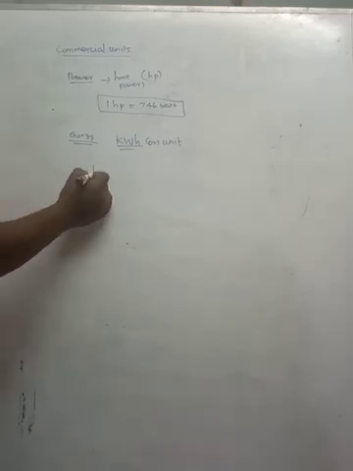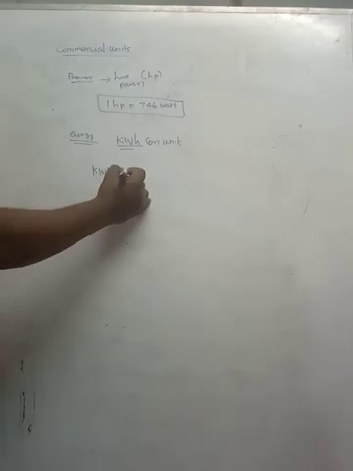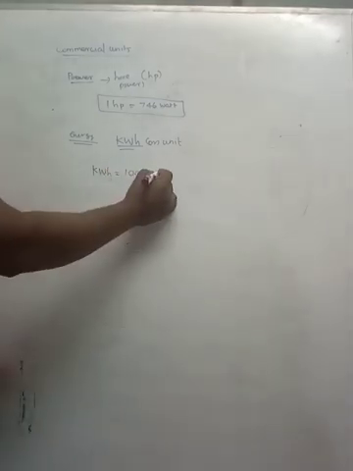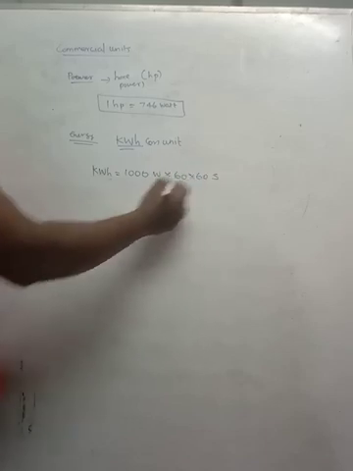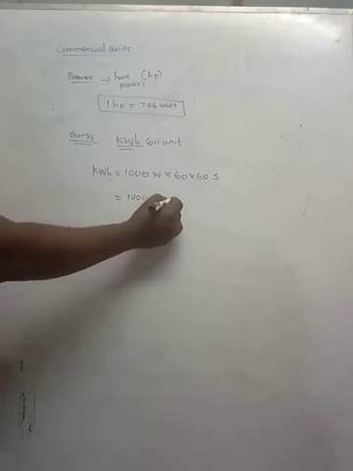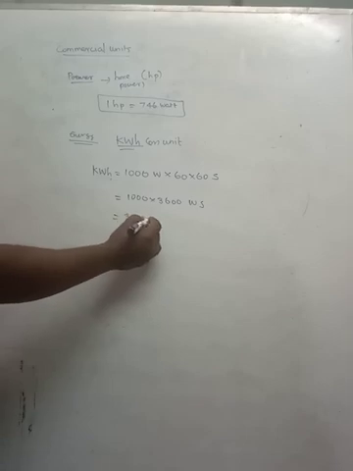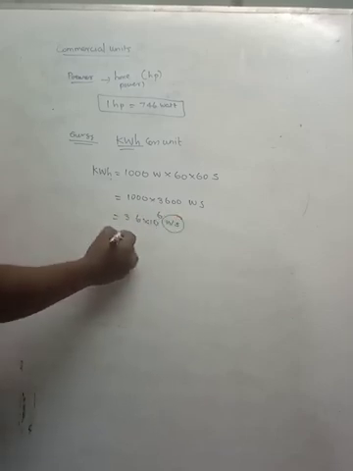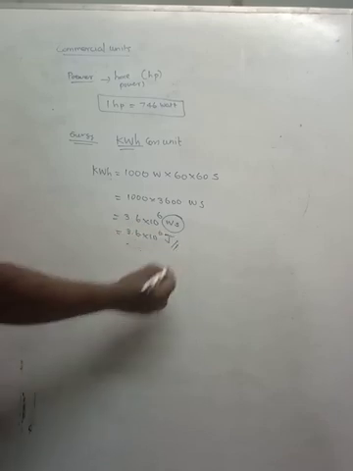The kWh can be written as: 1 kilowatt is 1000 watt, and 1 hour is 60 into 60 seconds. So you can write it as 1000 into 3600 watt second, that means 3.6 into 10 power 6 watt second. The watt second can be written as joule, so 3.6 into 10 power 6 joule.